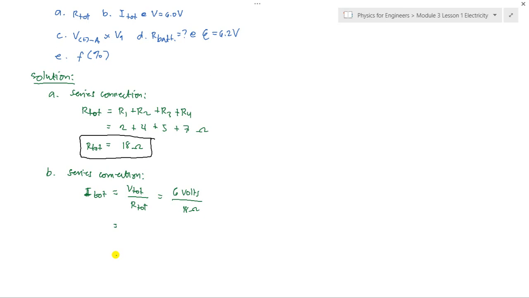Okay, 6 over 18, 1/3, or 0.33. That is 1/3 ampere. So mo na siya ang total current, 1/3 ampere if our voltage source is 6 volts.